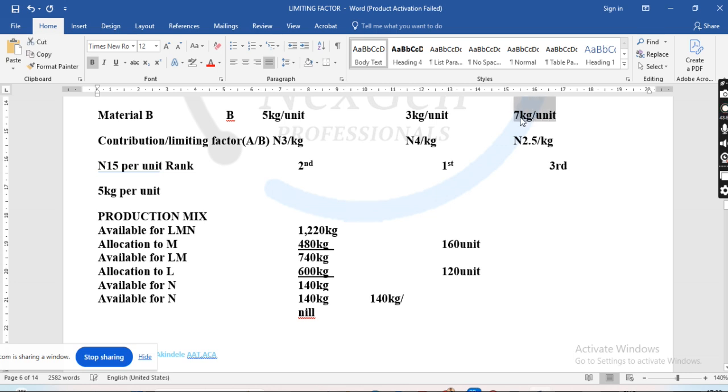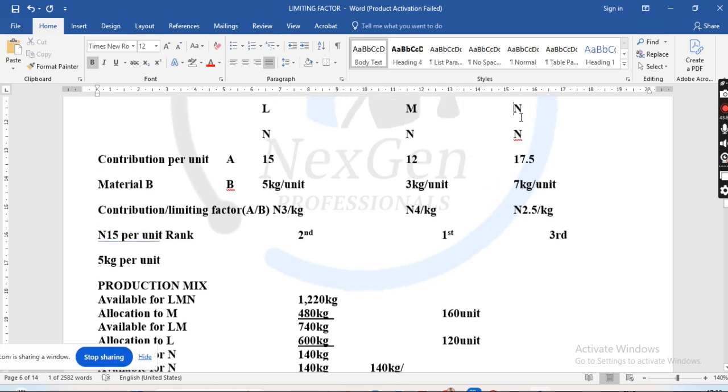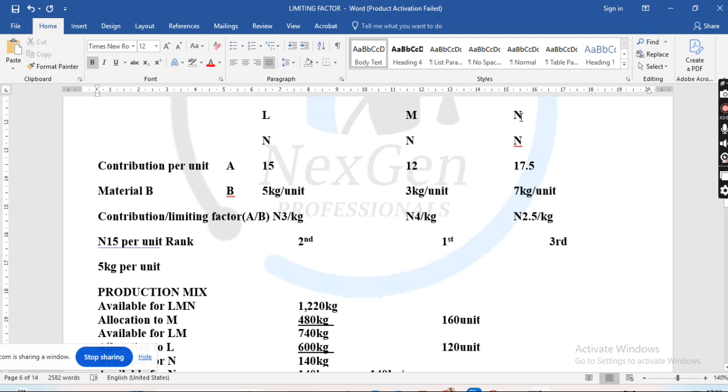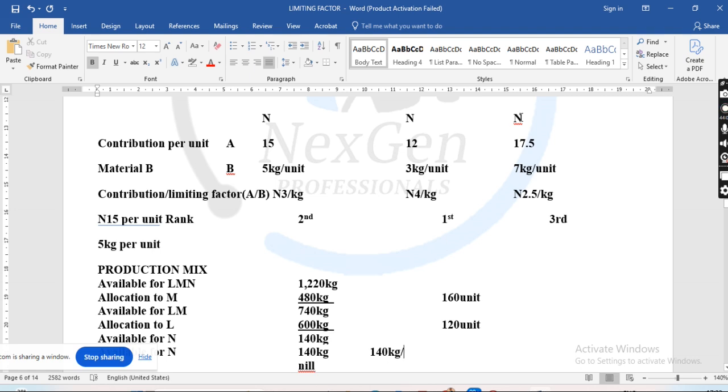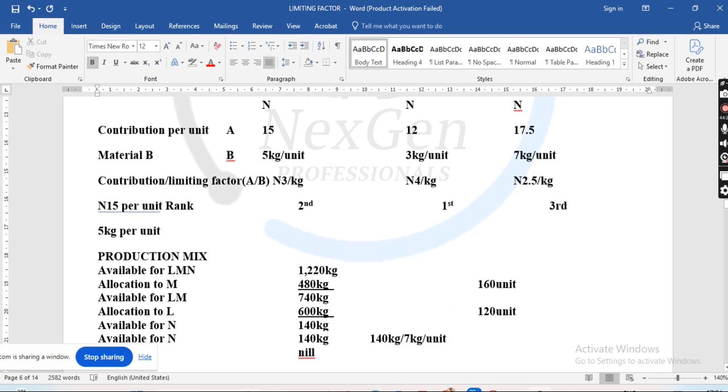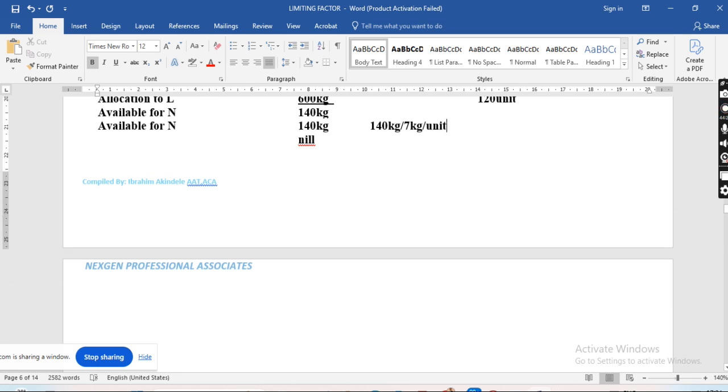Divided by the limiting factor, which is 7 kg per unit for N. You divide it by the kg per unit to get the units. In case you are wondering how 140 kg divided by 7 kg per unit gives you units, I will show you now.